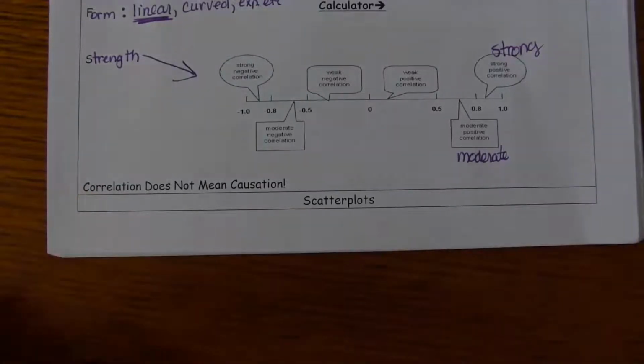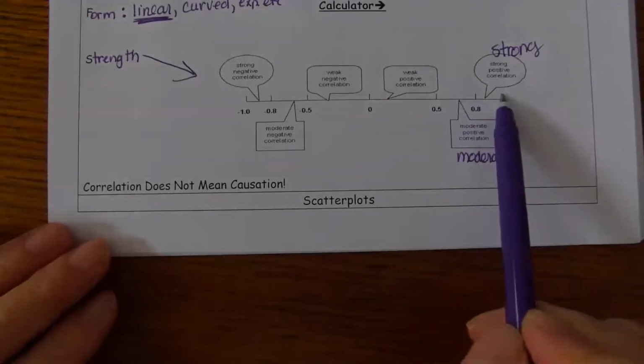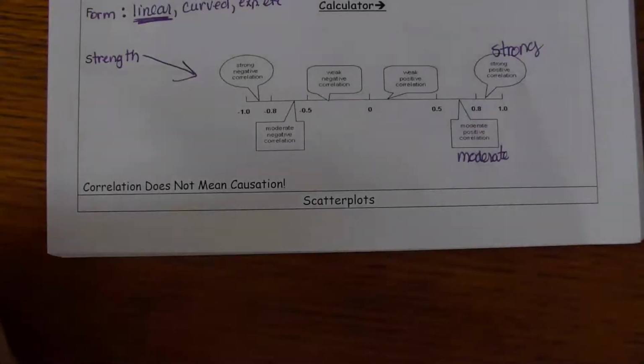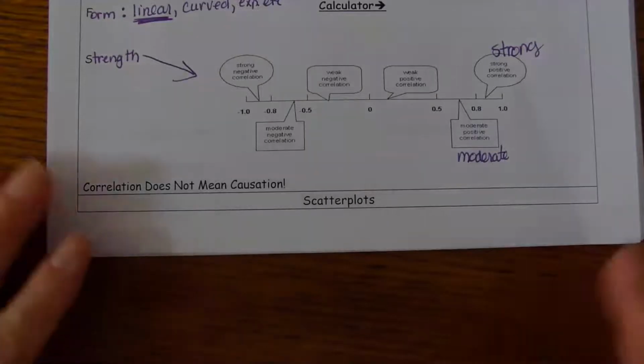So let's look at that. This is talking about the strength of R. If I were at 0.8, how would you describe a 0.8? Moderately strong, right? It's kind of in the middle. So here's moderate, here's strong. If I'm in between, I'd say moderately strong, right? And there's not a hard cutoff. This is a little bit of a judgment call.